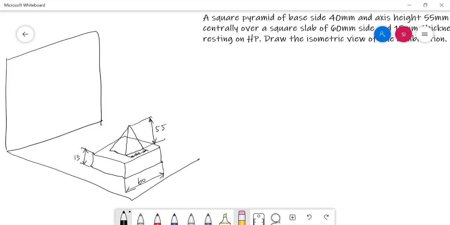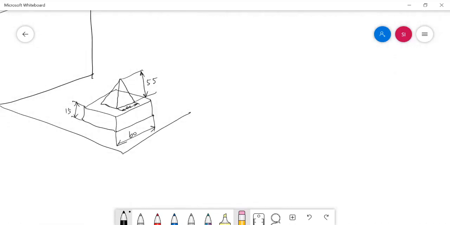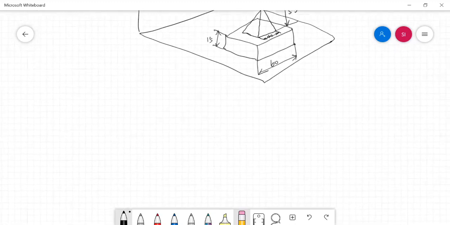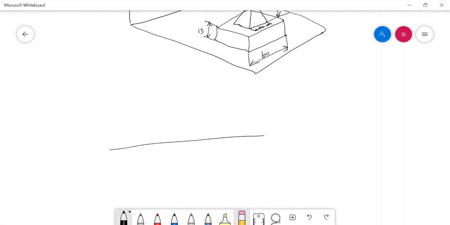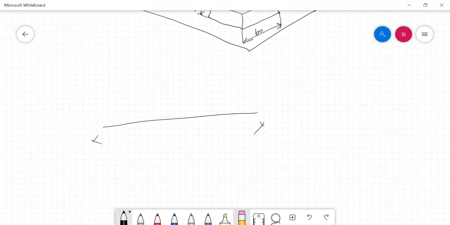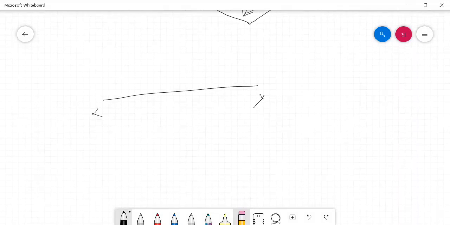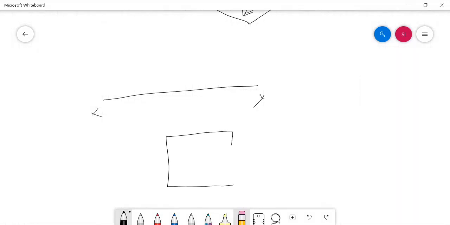So this is nothing but the solids which we are going to draw. And first we need to start with the orthographic projection. Roughly I will explain what the workload is here. First we are going to draw the orthographic view of the bottom solid, that is our square slab, and its respective front view.